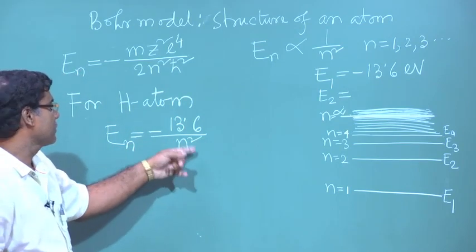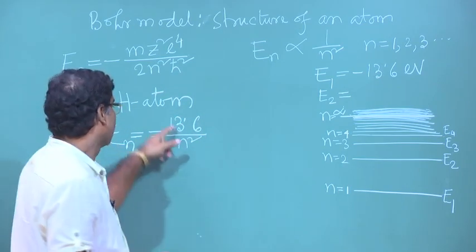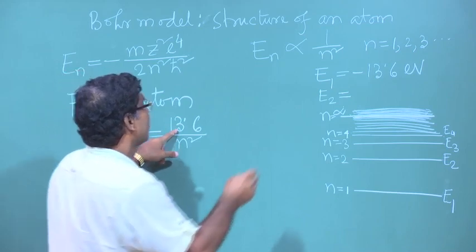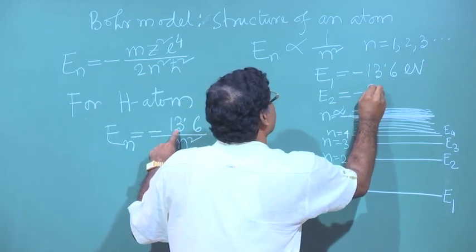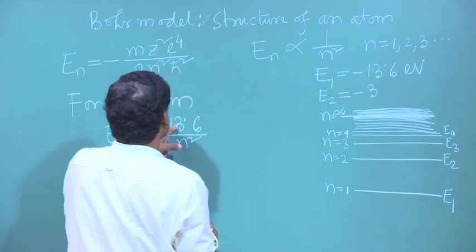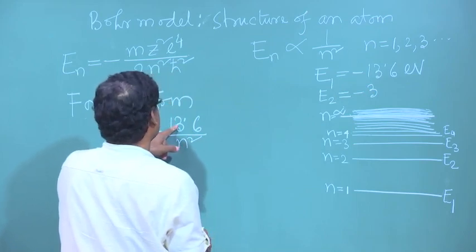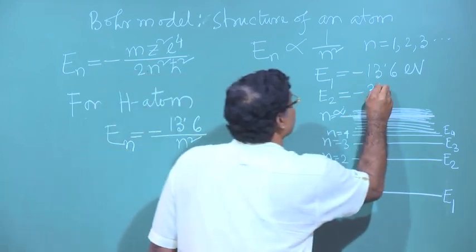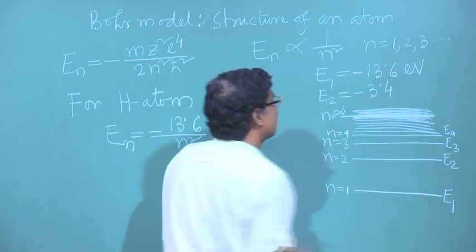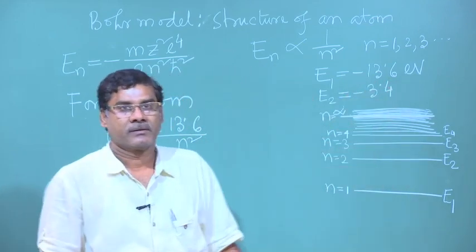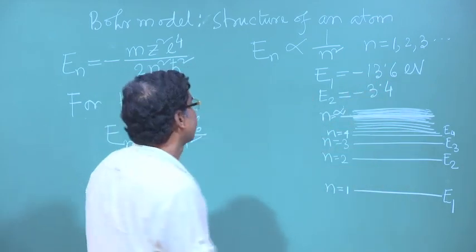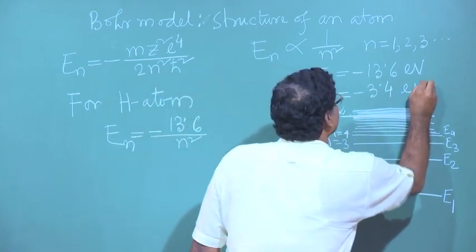So, n equal to 2, it is divided by 4, so you will get minus 3.4, sometimes 3.39 also people write, electron volt.